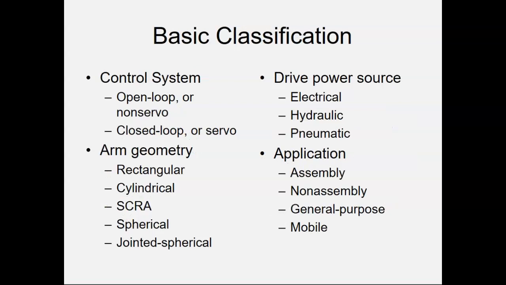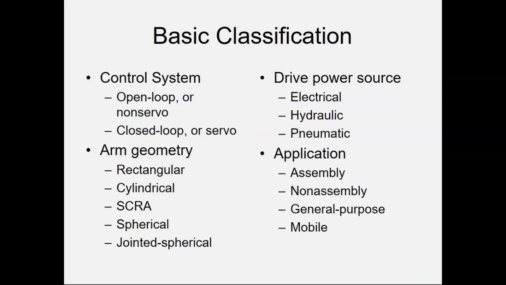So basic classifications. Control system, is it open loop or closed loop? In other words, does it have feedback somewhere in its makeup? Does that make sense? The arm geometry, what kind of a workspace and what kind of geometry do you need to work with this? Okay.